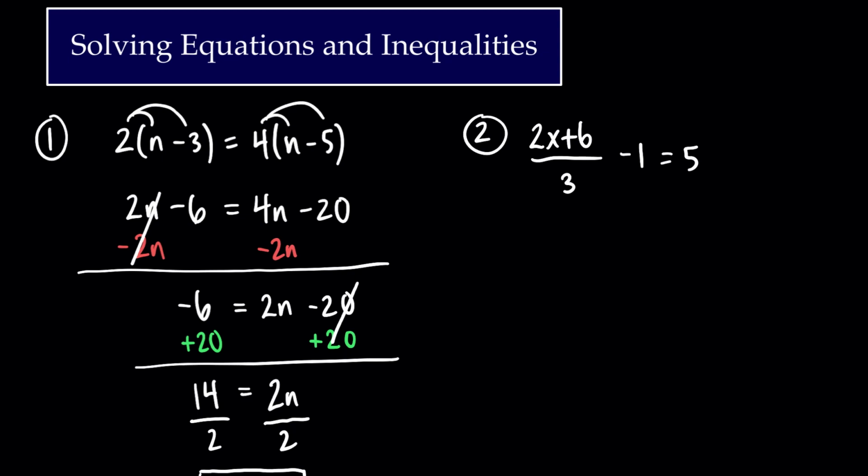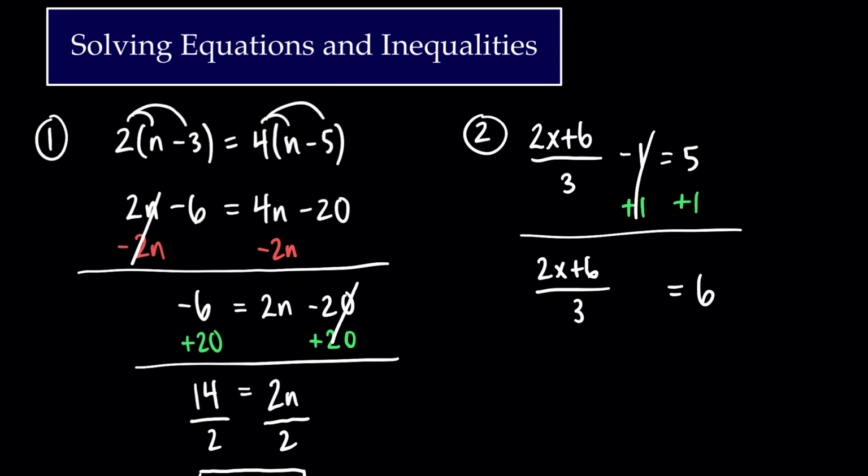But generally, if you have something like this where only one thing has a fraction, I would recommend getting the whole fraction part by itself and then going from there. So I'm going to add 1 to both sides with the hopes of getting that fraction all by itself. So (2x plus 6) over 3 is what I have left on the left side here. Negative 1 and positive 1 becomes 0, and then 5 plus 1 is equal to 6.